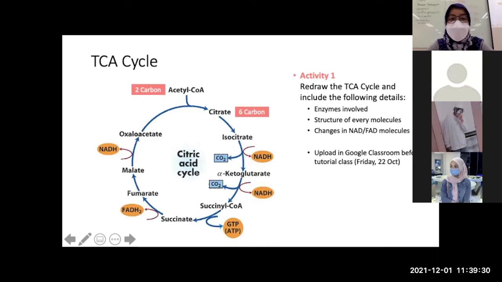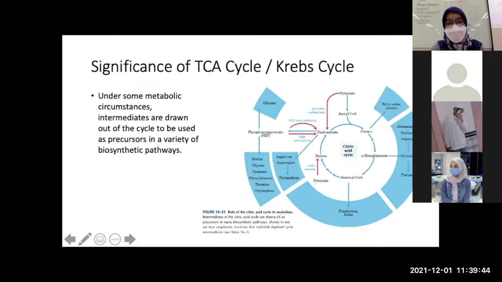These are what we call intermediates. So when I say intermediates in TCA cycle, this is what I am referring to. So why does the TCA cycle have a lot of these intermediates? Because these intermediates have different functions.